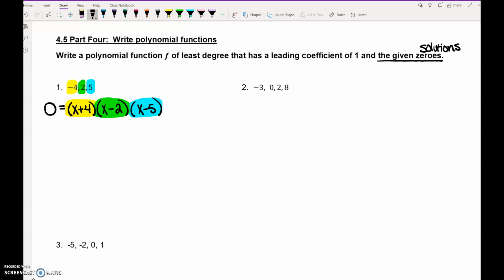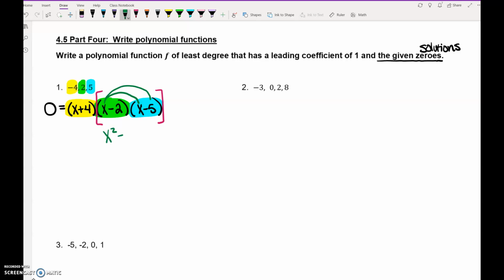Now, here's the fun part. We're not going to leave it as 0 equals a bunch of parentheses. We're going to multiply it out. So pick 2 of these. I usually do the second 2 and multiply them out. So that's double distribute. X times x is x squared.